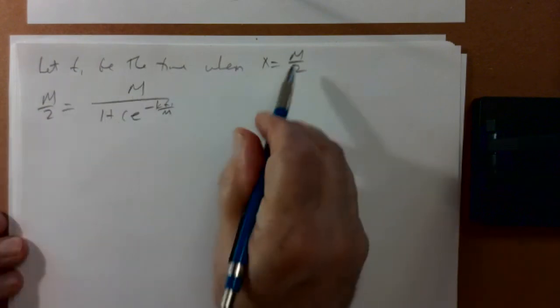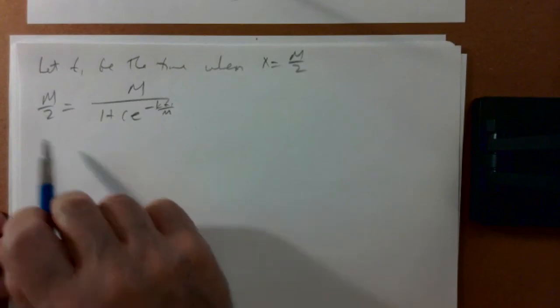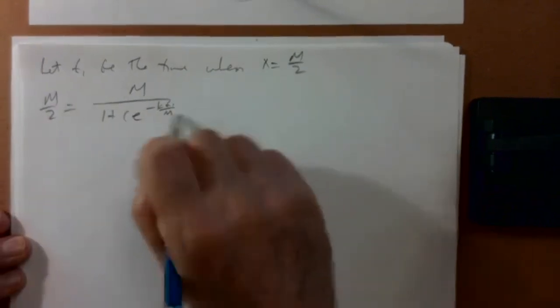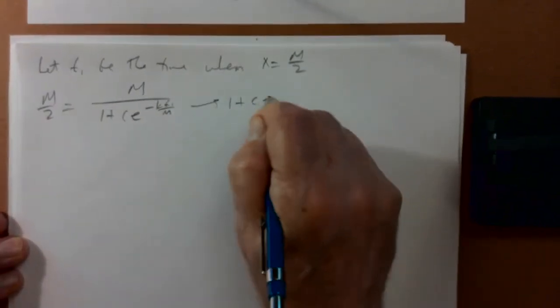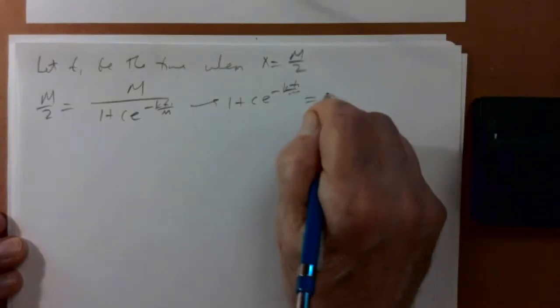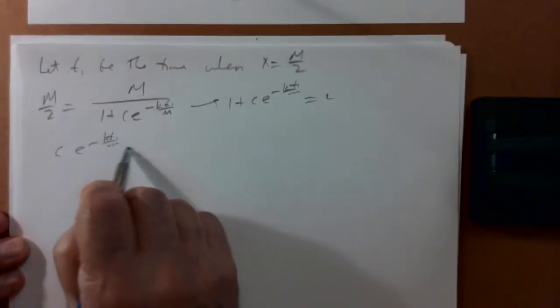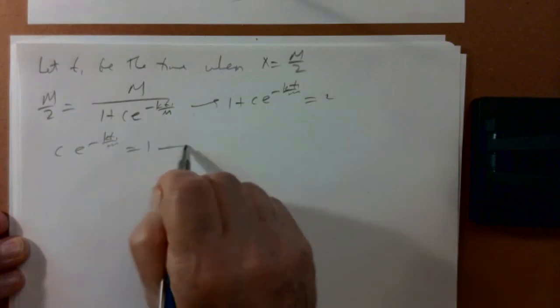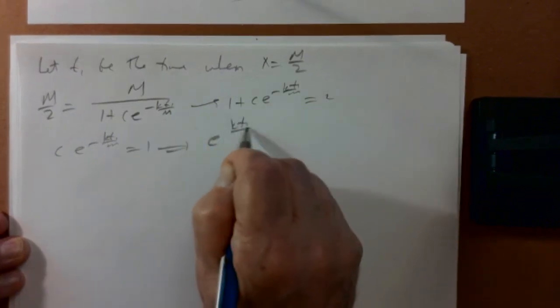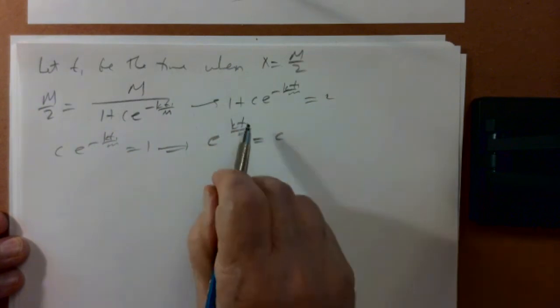When t equals t1, x is m over 2. So the m's cancel. If you take the reciprocals, 1 plus c e to the minus k t1 over m equals 2. So c e to the minus k t1 over m is 1. So e to the k t1 over m equals c. That's what c is.